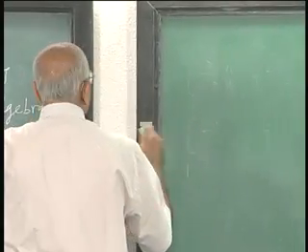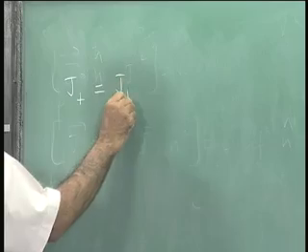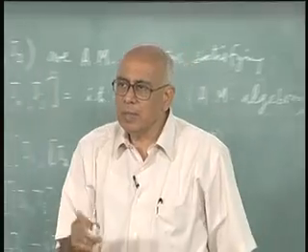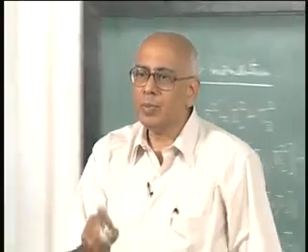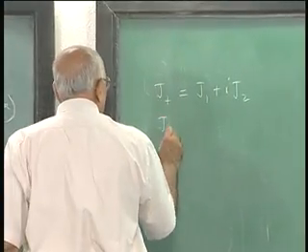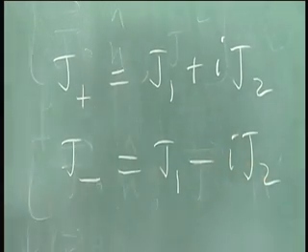Remember J1, J2, J3 are Hermitian, so let us define J plus equal to J1 plus iJ2. This is very reminiscent of writing a as x plus ip. We wrote a dagger as x minus ip. In exactly the same way, let us write J plus as J1 plus iJ2 and J minus as J1 minus iJ2.